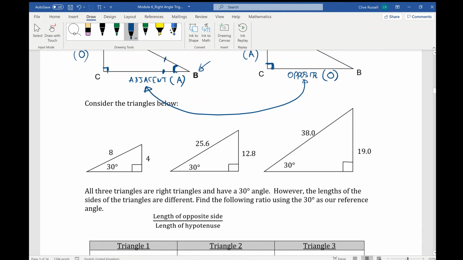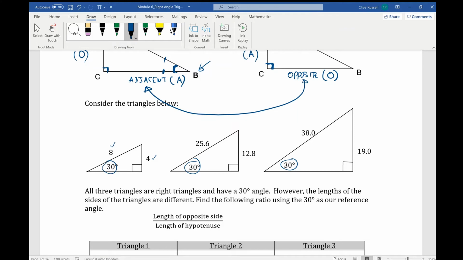So if we look at these examples here, notice this is a sort of thought experiment. If you were to actually construct a right triangle with a reference angle of 30 degrees there, and you did some measurements, if the opposite side is 4, the hypotenuse is going to be 8.